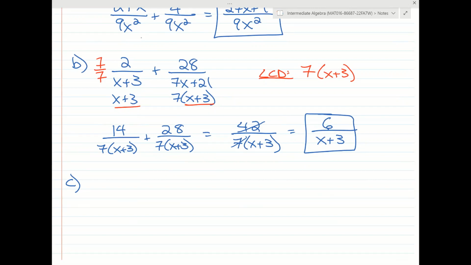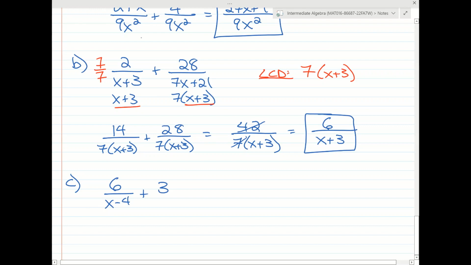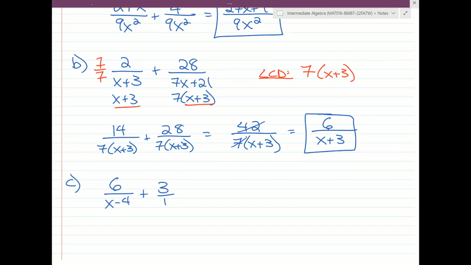Sometimes we have problems where there is no denominator. So if we had like 6 over x minus 4 plus 3. What we could do is put the 3 over 1. And now let's see here.